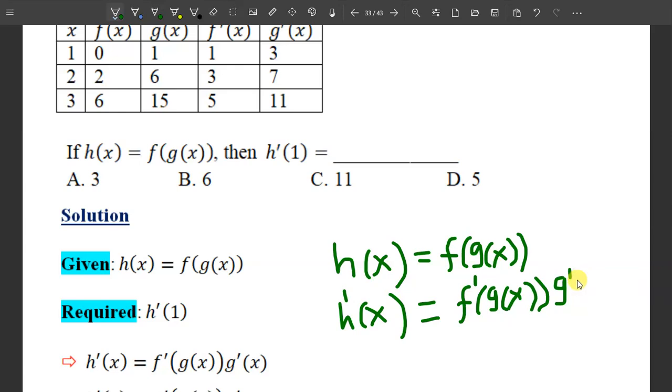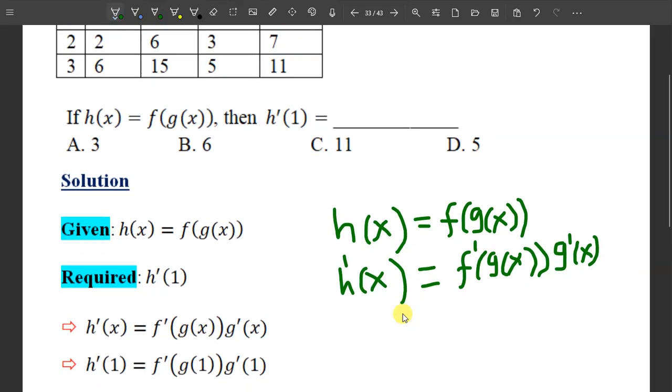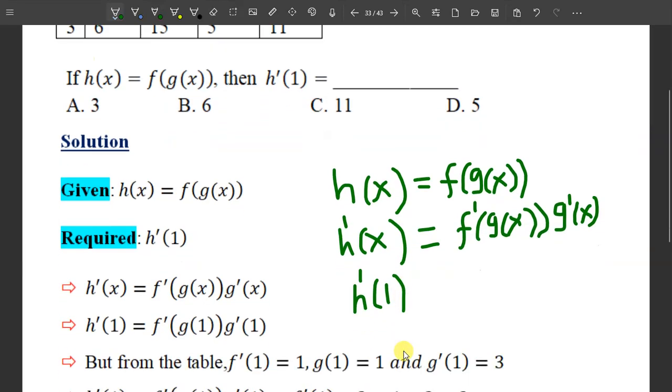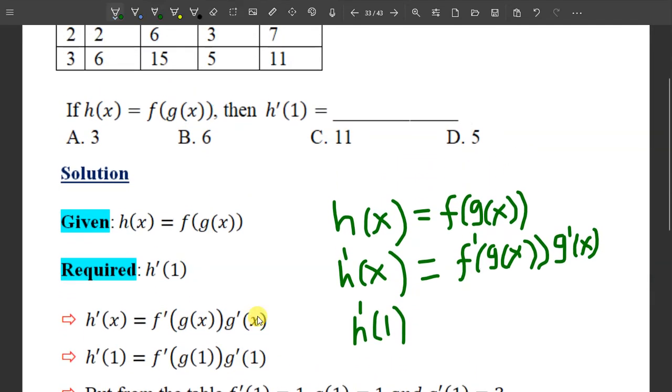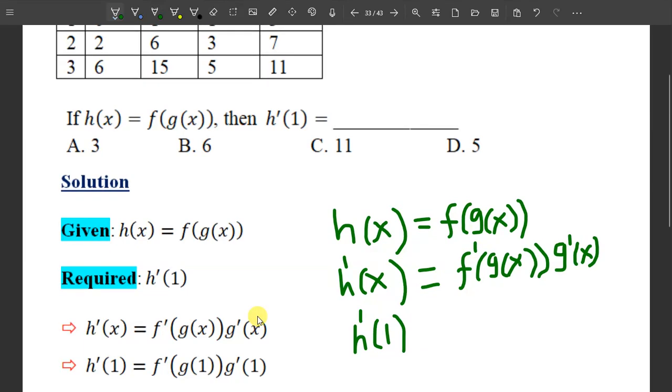Now find the value of h prime at x is equal to 1. What is the value here? At x is equal to 1, h prime of 1 is equal to f prime of g of 1 multiplied by g prime of 1. And what are these values? What is f prime of 1?